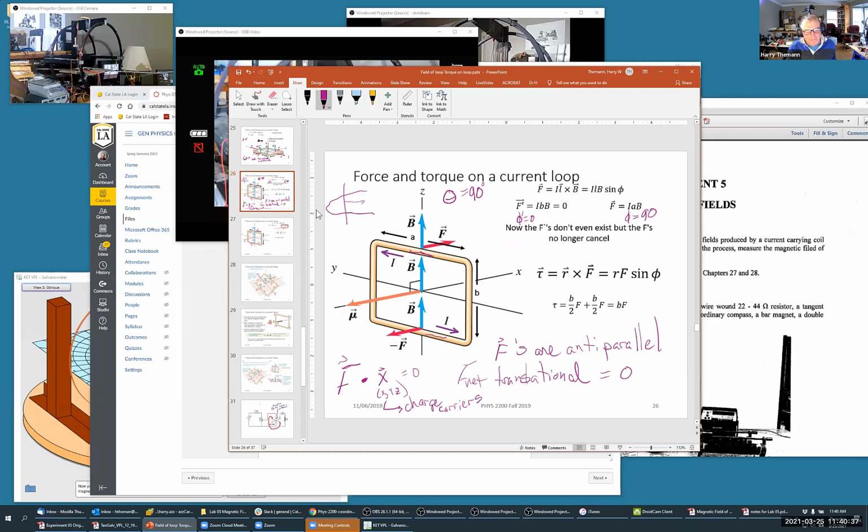So there's no net translational force on a current loop or a charge carrier or a permanent magnet from a uniform field.